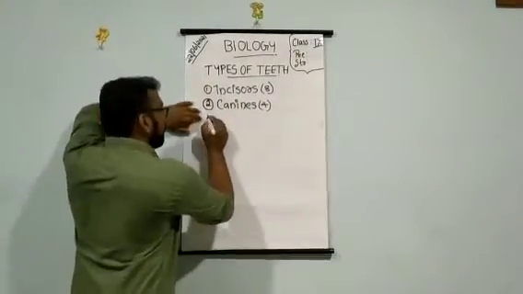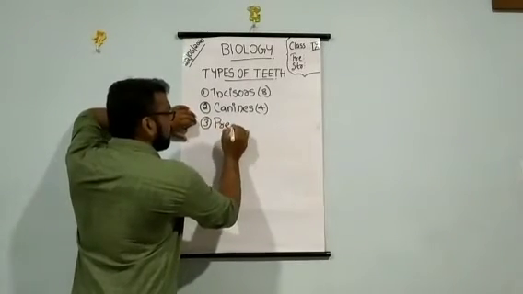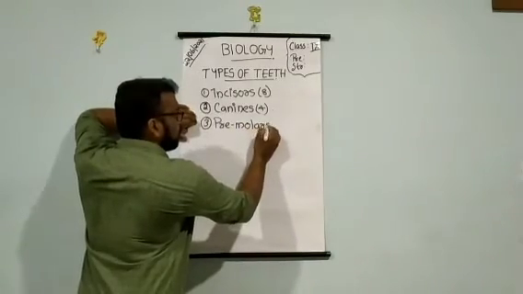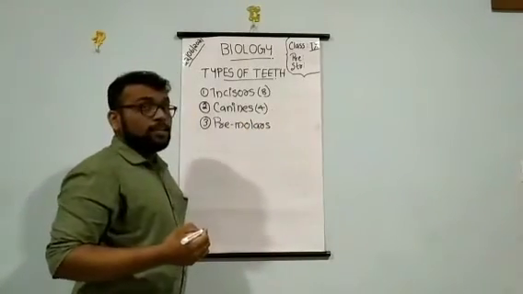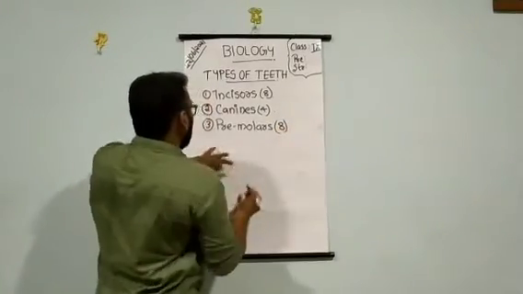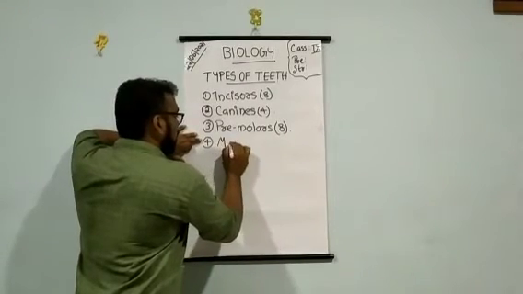Okay. So we saw premolars. Okay. So premolars are, yes, 8 in total. Okay. So finally we saw about, yes, molars.